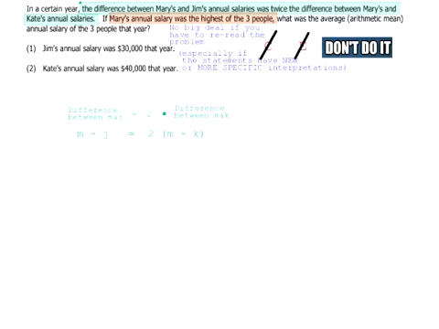Now, what is the goal of the problem? The goal of the problem, because it is data sufficiency, you don't really care about the over 3 part, because that's incidental.